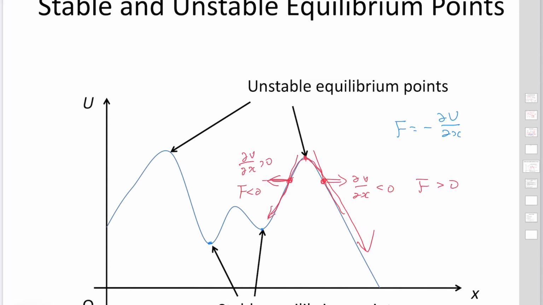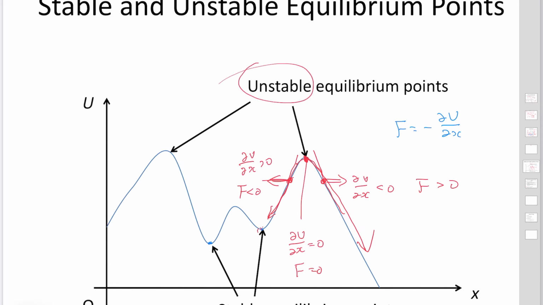On the highest point of the potential energy, of course ∂U/∂x is 0, so the force is 0. So we call this point the equilibrium point. But when the particle starts moving away from this point, we call it an unstable equilibrium point.